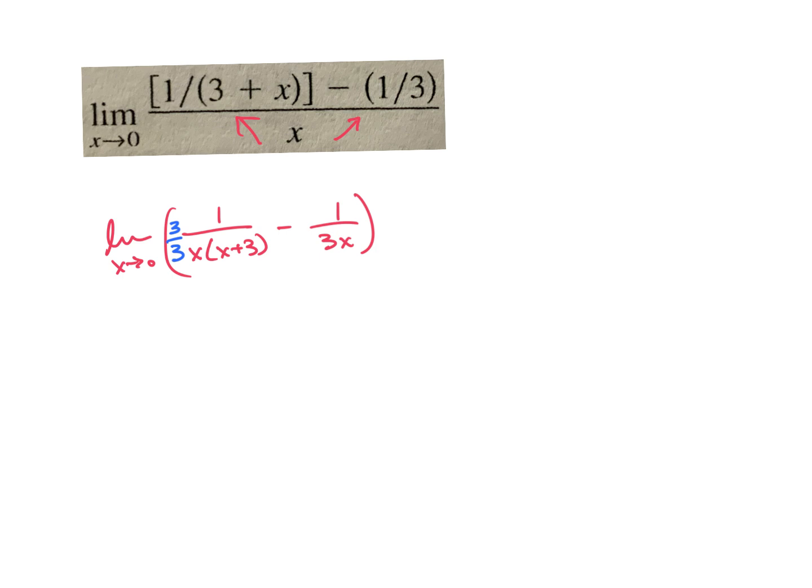And then what does the right one need? I need an x plus 3. So I need to multiply this one by x plus 3 over x plus 3. And so that gives me my denominator of 3x times x plus 3.